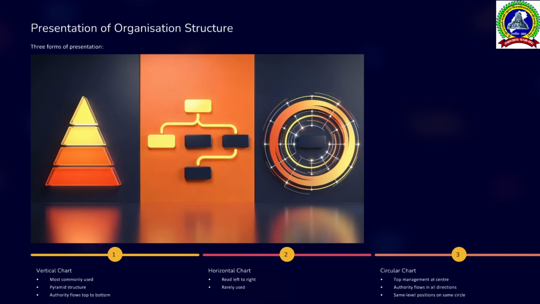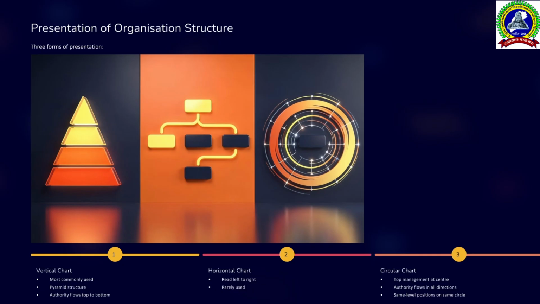It presents the organization in a pyramidal form with the senior-most executive at the top and successive levels of management shown below. Authority flows from top to bottom in a clear scalar chain. This form is preferred because it clearly reflects hierarchy, authority, and responsibility.